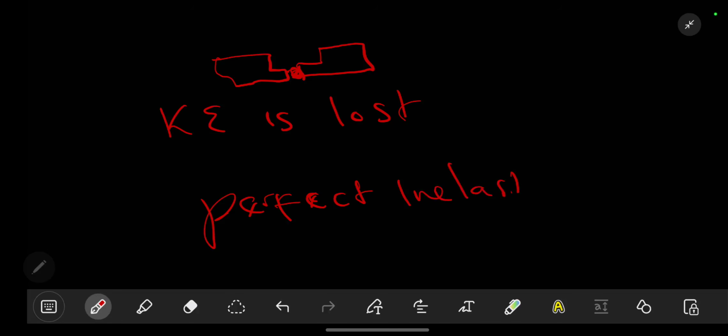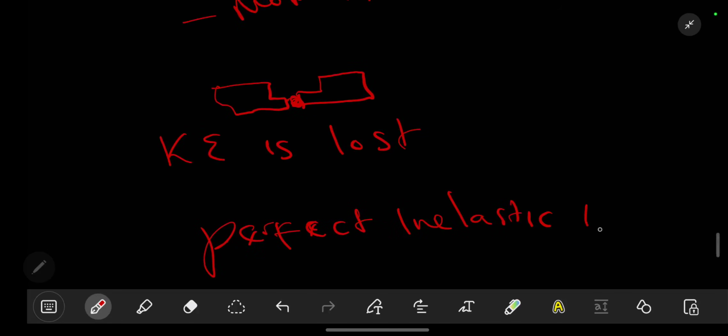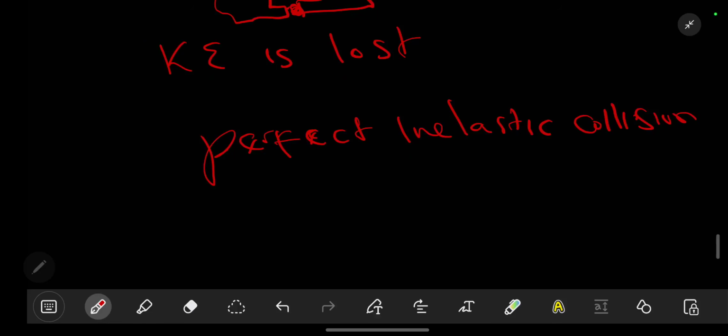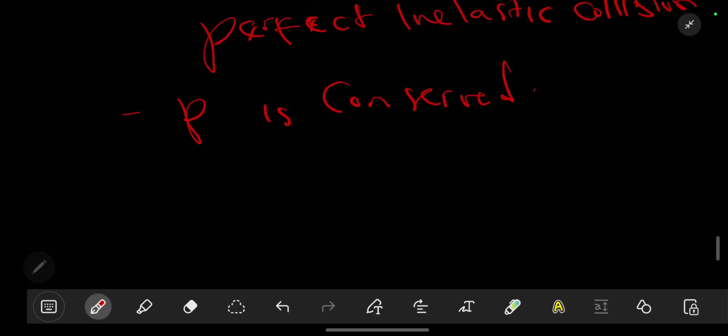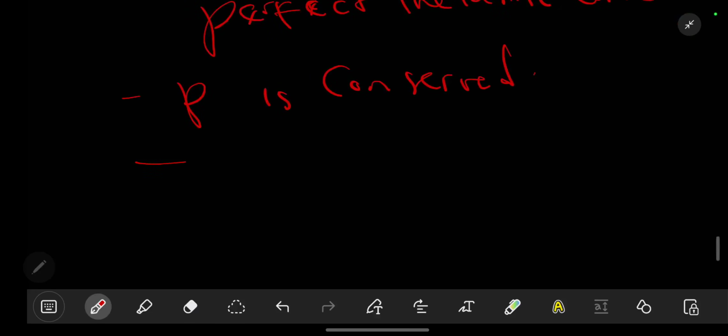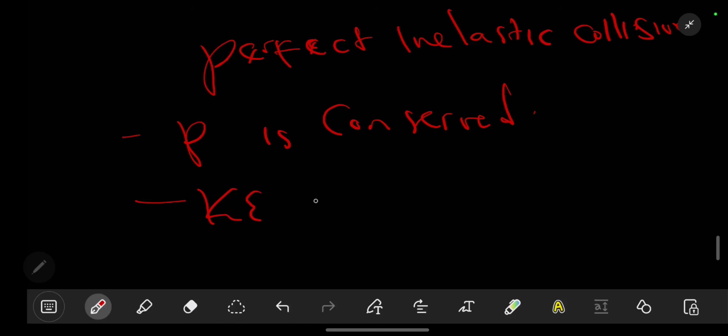Now there is also the aspect of perfect inelastic collision. Under the perfect inelastic collision, momentum is conserved, and also kinetic energy is lost.